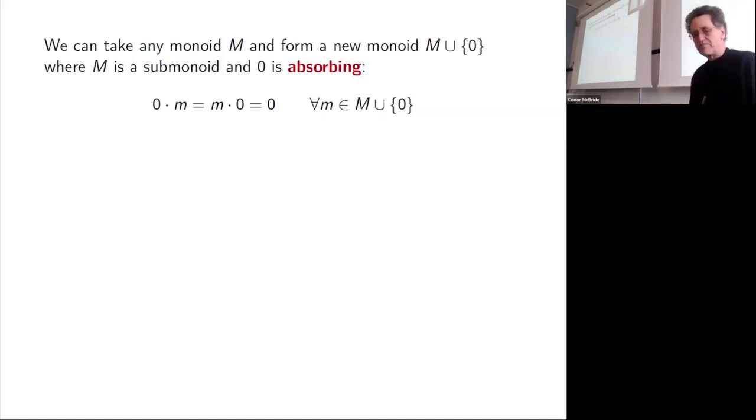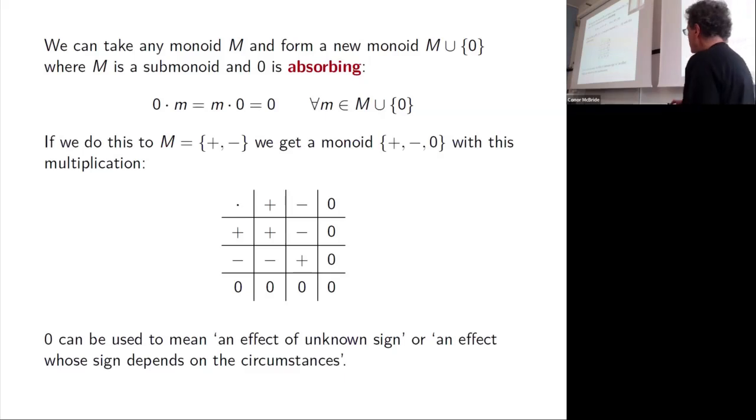So you can always find a larger monoid containing a given monoid with an extra absorbing element. If you do that to the monoid plus minus, you get a 3-element monoid, which you could call plus, minus and 0, and it has this multiplication table. So the old multiplication is sitting inside this larger one. 0 times anything is 0.